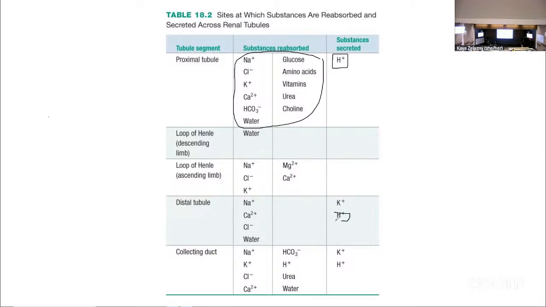Still just going to be those hydrogen ions, but now also potassium. Okay. So under typical conditions, things you would typically expect to see secreted will be hydrogen and potassium. The other parts are going to be dependent on how your body is functioning, what exactly you have in your body. For the most part, we're focusing on reabsorption.